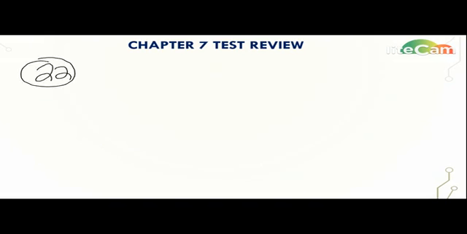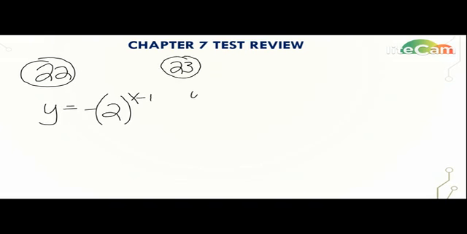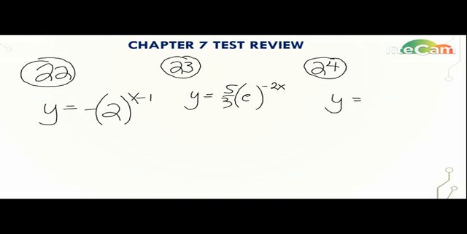Now we've moved on to deciding whether 22 is exponential growth or decay. I'm actually going to write all of these out, 22, 23, and 24, because it's nice to be able to look at all the different types of problems and decide which one is growth and which one is decay.